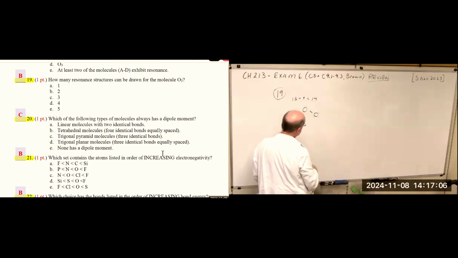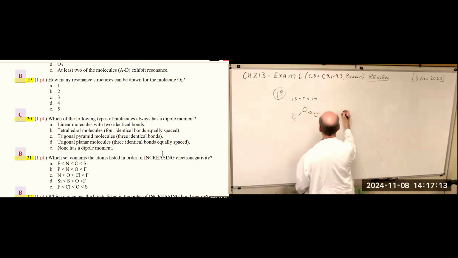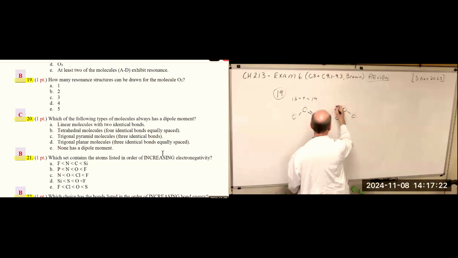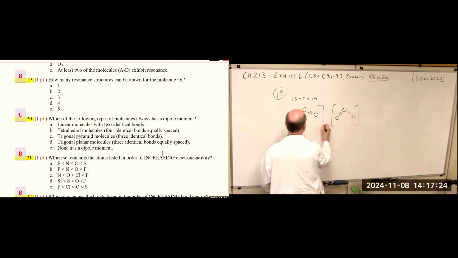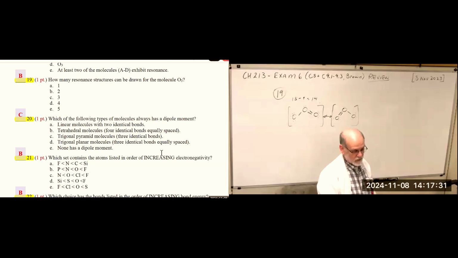There we go. So you can either form a double bond on this side, or you can do the same thing only on this side, and resonate these 2 structures. So there are really only 2 structures that can be drawn for ozone within the confines of the localized electron model.